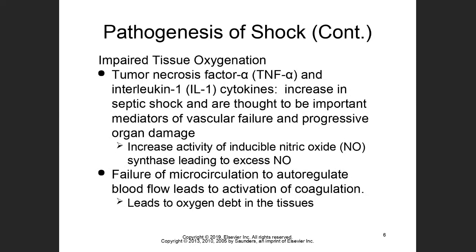Increased activity of inducible nitric oxide is special for septic shock, okay, because nitric oxide produces vasodilation, and when you produce vasodilation, you make venous pooling. Venous pooling means that the blood stays in the veins, and that produces hypotension, okay.